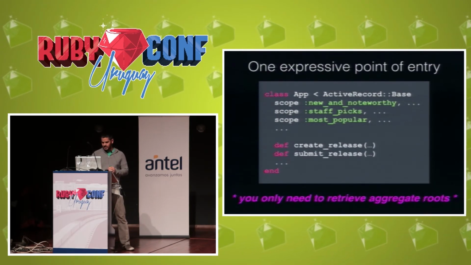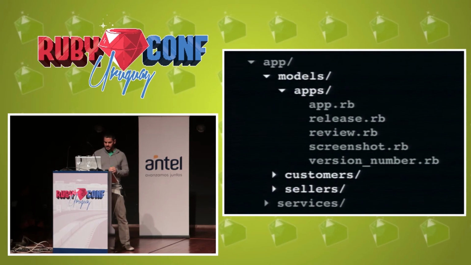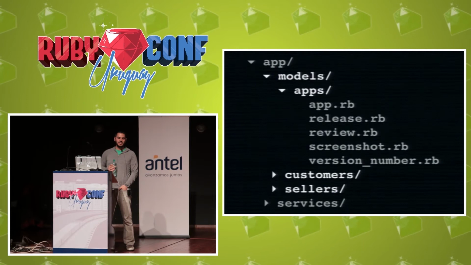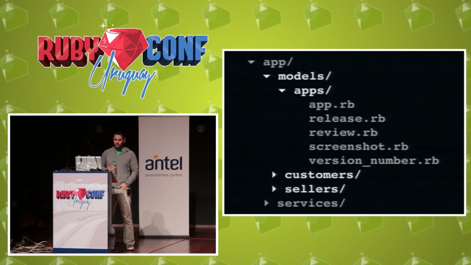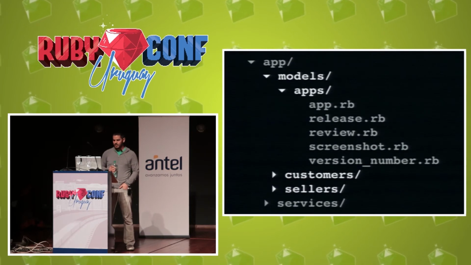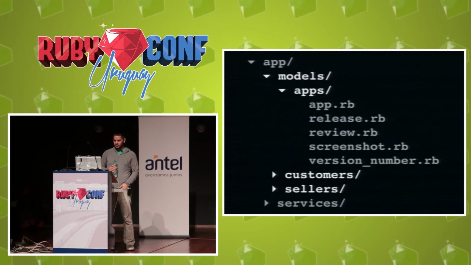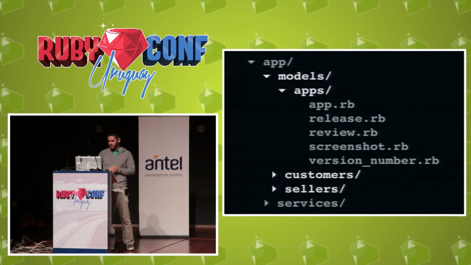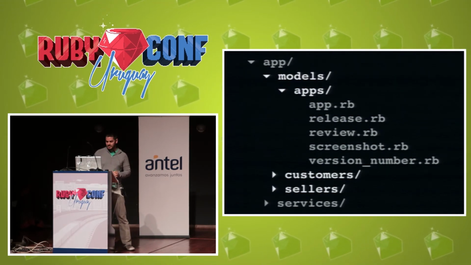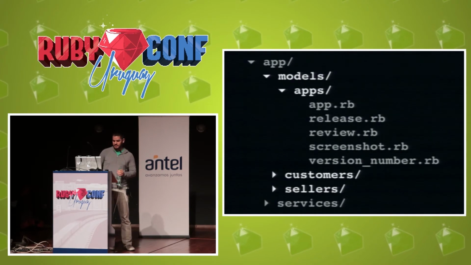So let's look at our Rails project again. Under the models directory, we can represent the aggregates by creating a folder for each aggregate. For this example, we have an apps folder. And in the apps folder, it has the app, it has the release, it has a review, the screenshot, and the version number. We also have customers and sellers because those are also aggregates.